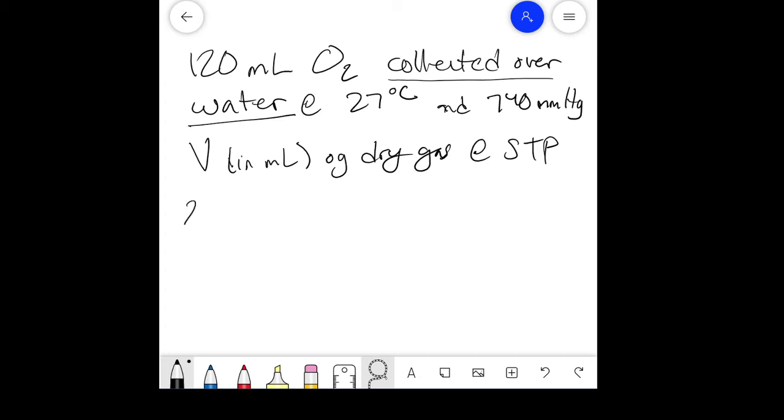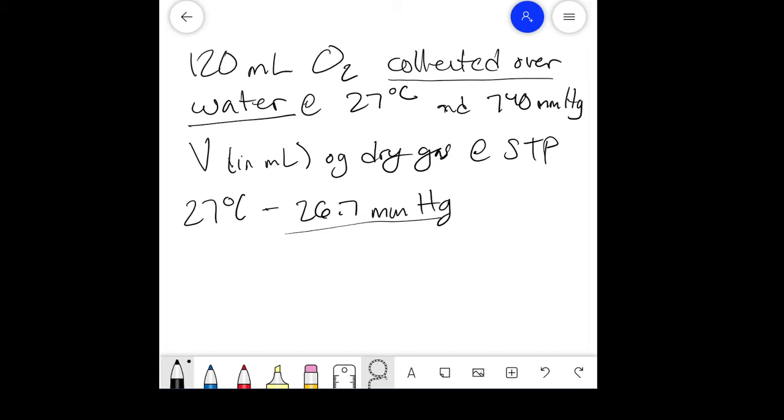At 27 degrees Celsius, water's pressure is 26.7 millimeters of mercury. So when you're doing the pressure, you need to subtract this from the pressure given in the problem to get the correct pressure of just the gas, not the water.